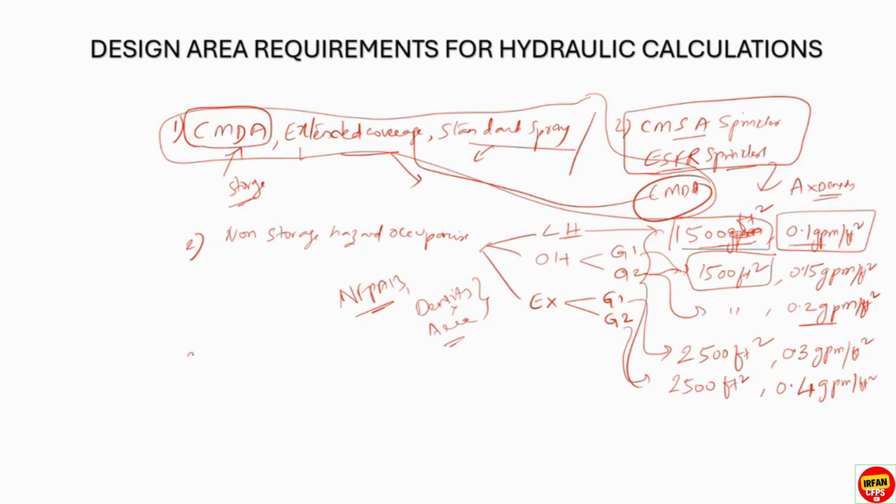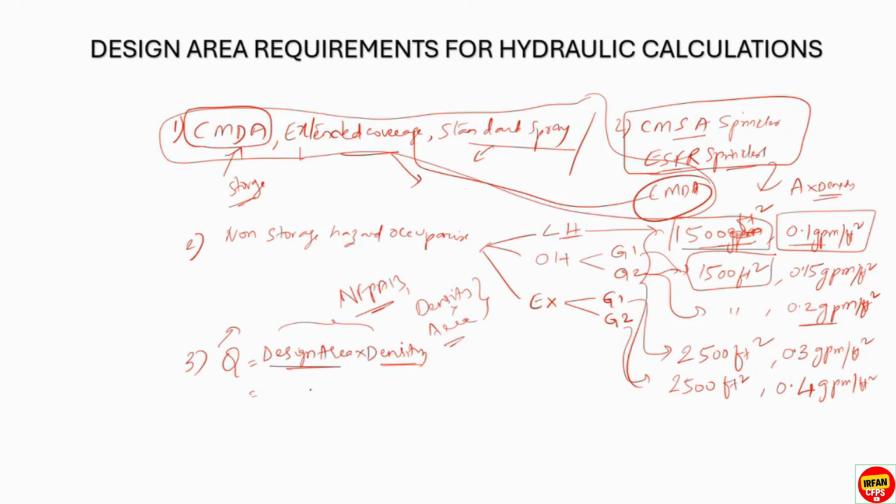And the third thing is the formula: flow is equal to design area into density. We can calculate the flow from sprinkler or total flow requirement based on the design area multiplied with the density. So this is based on the area density curve.